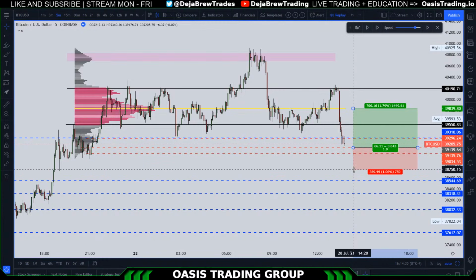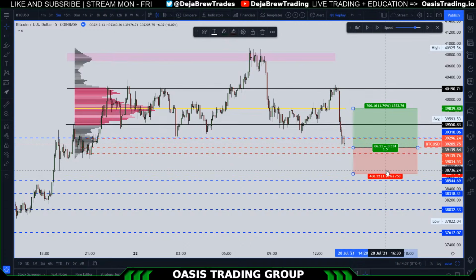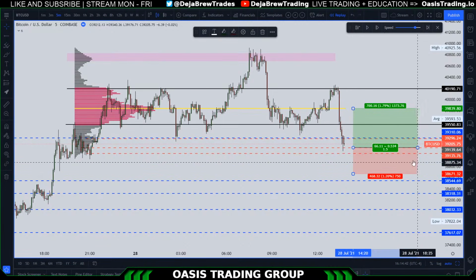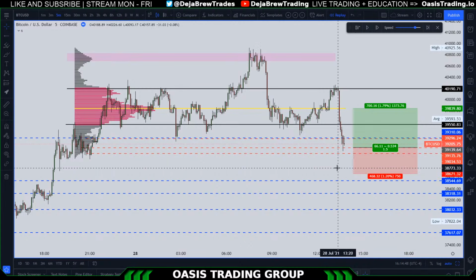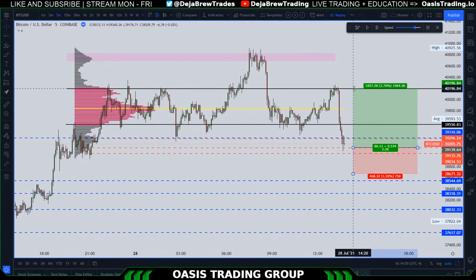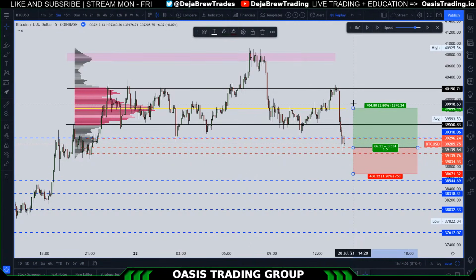The lowest I would put my stop loss is here, because that gives you a 1.5 to 1. So if we're targeting POC as our first target, that's the lowest I would put my stop loss. And then we would also be targeting the value area high. Okay, let's just see if this trade is a winner or a loser.